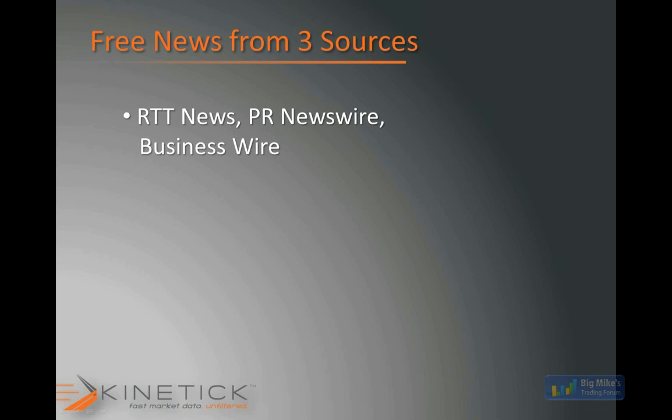So if you're looking for like non-farm payroll or something like that, you can create a filter, and then you can get alerted based on when you get that news. And there's also premium news services that are going to be available that you can subscribe to when signing up, but you do get data from the RTT News, PR Newswire, as well as Business Wire directly included with that basic service.